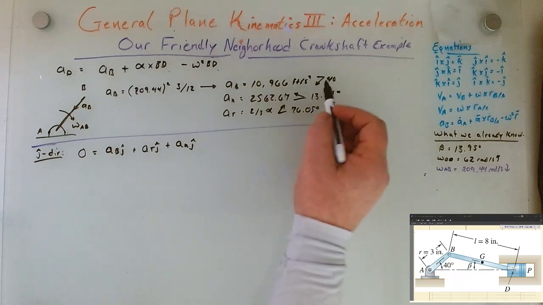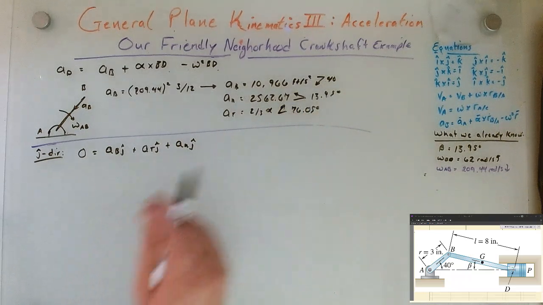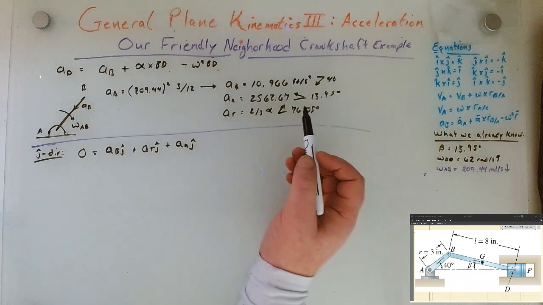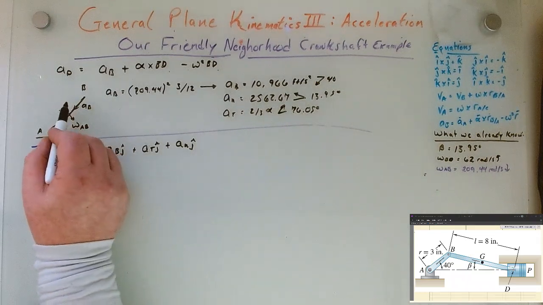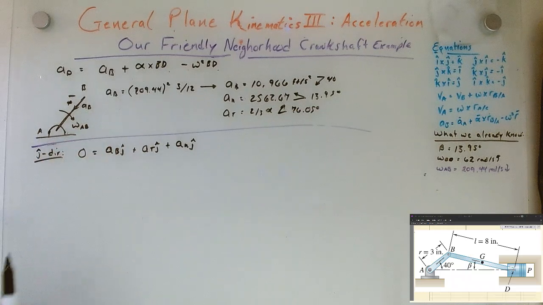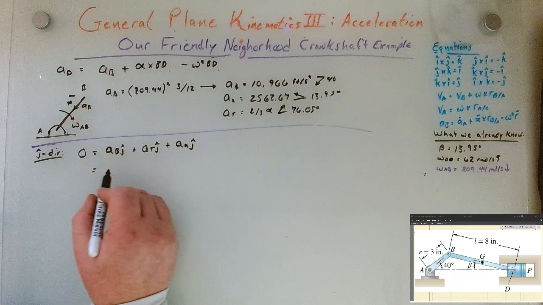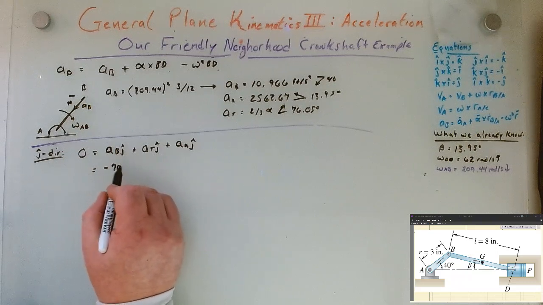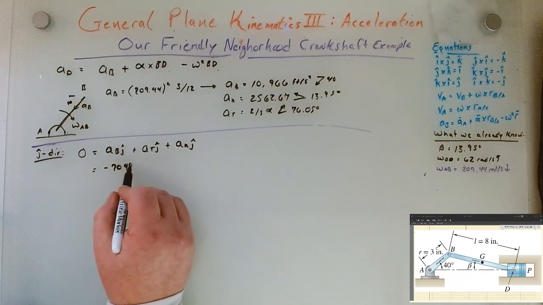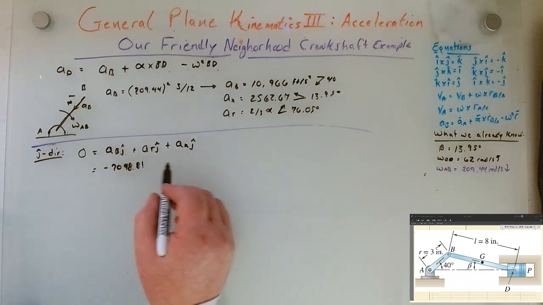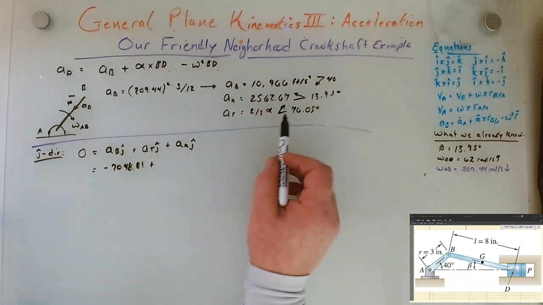So the negative here would be this much times the sine of 40 degrees, so 10,966 times the sine of 40 degrees, and that equals minus 7048.81.